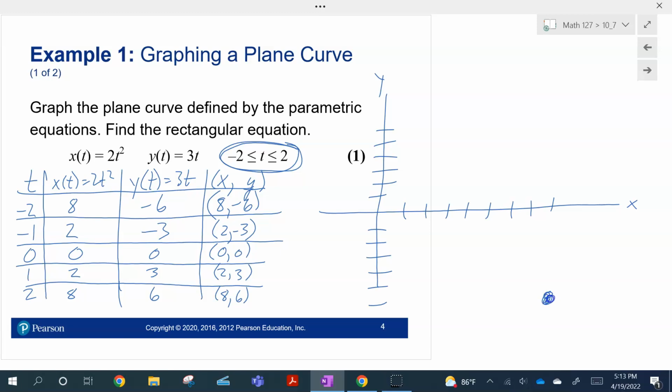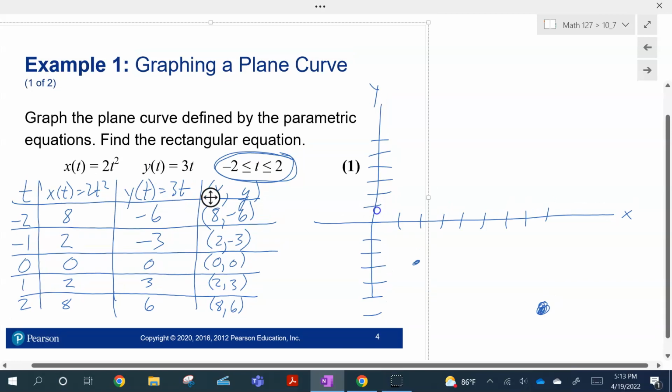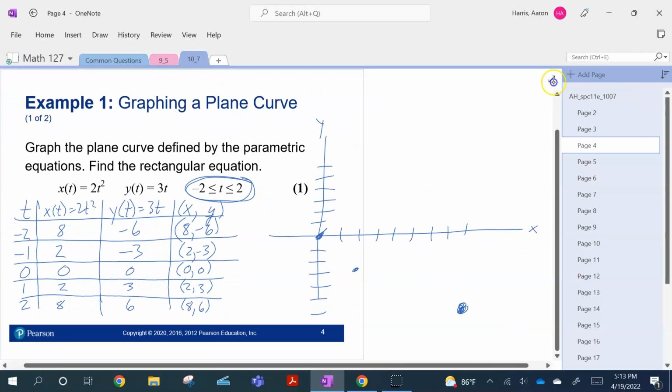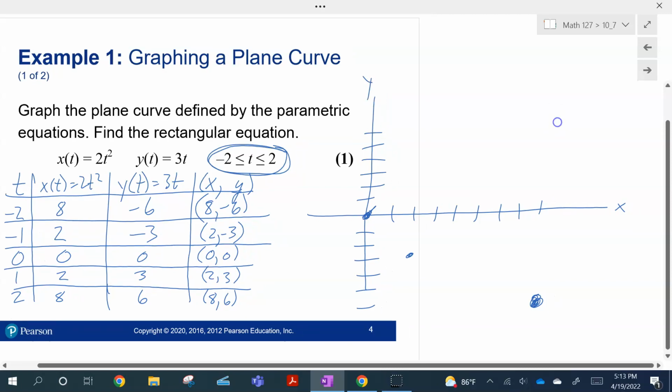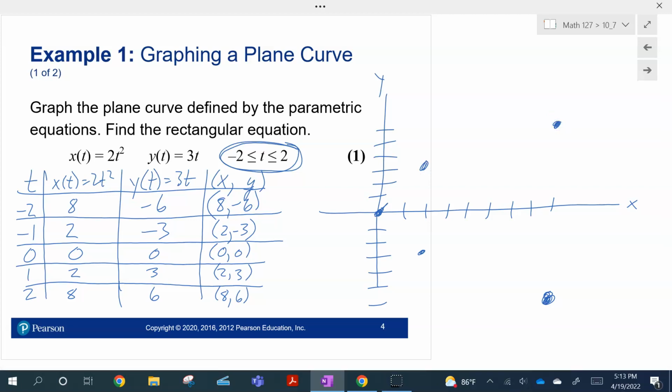There's that point. I got 2, -3. There's that point. I got 0, 0. I've got 2, 3. And I've got 8, 6 right up there. This thing always gives me trouble.